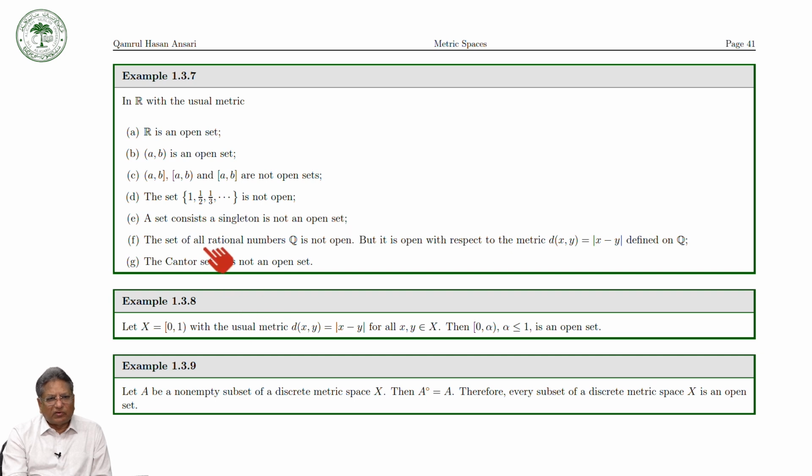And the set of all rational numbers is not open, but it is open with respect to the metric on X. So this is very important.